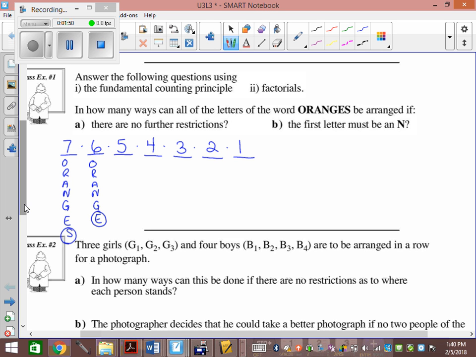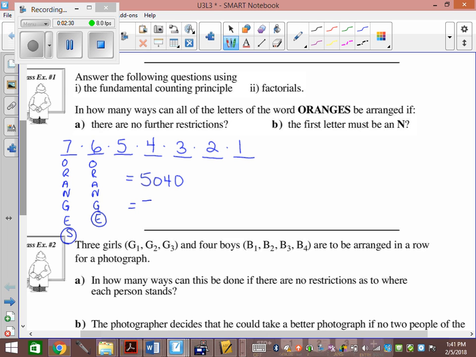So type 7 times 6 times 5 times 4 times 3 times 2 times 1 into your calculator. When you do that, what do you get? 5,040.